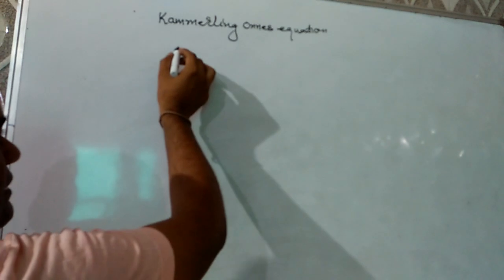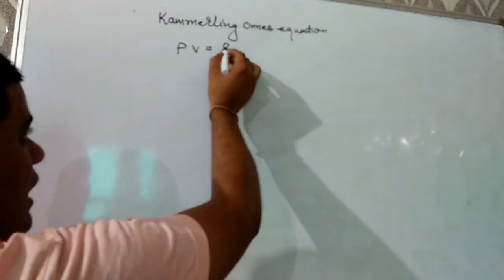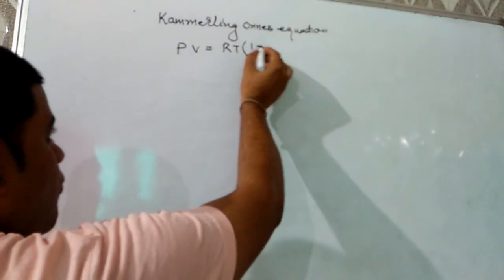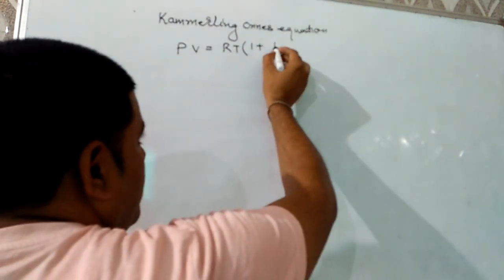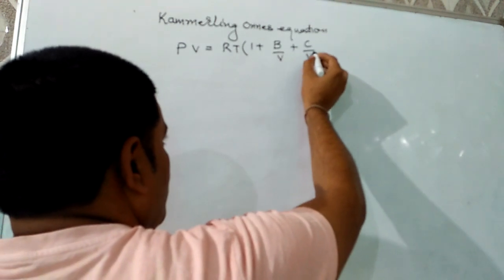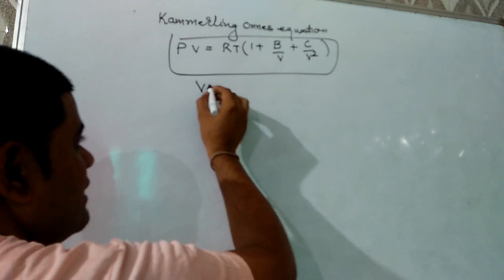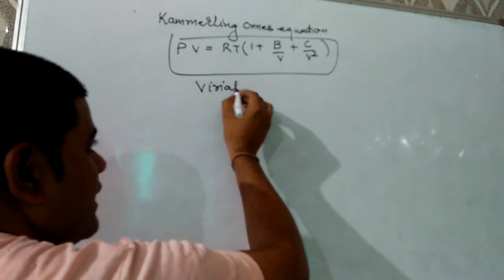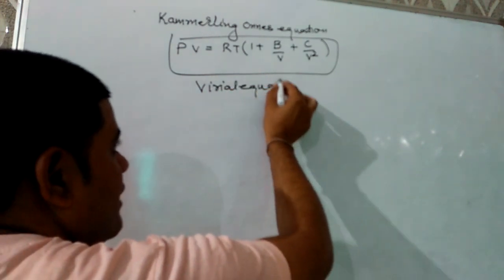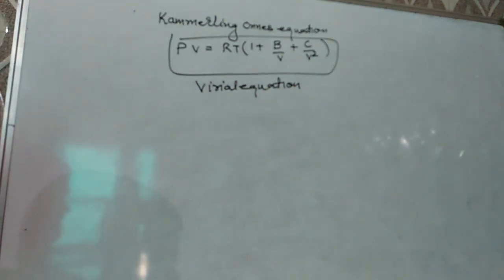According to this equation, PV equals RT into (1 plus B upon V plus C upon V square). This equation is also known as the virial equation, where B and C are known as virial coefficients.